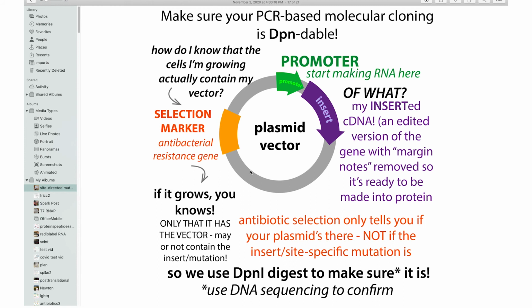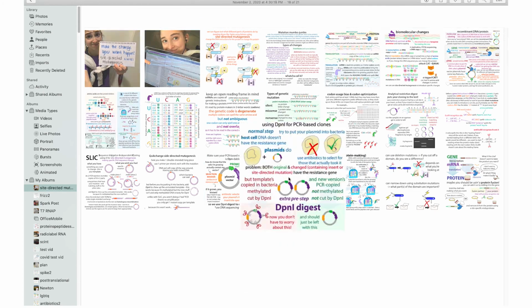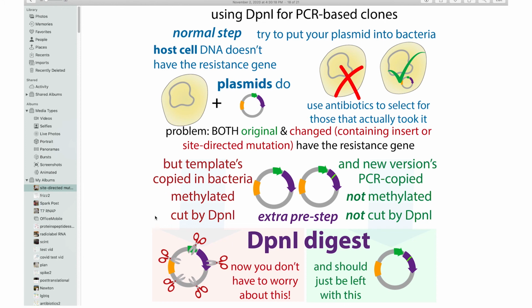When the DNA is copied in bacteria, it gets methylated, which adds these CH3 groups to it. The restriction enzyme DpnI recognizes methylated DNA and chews it away. So it gets rid of the parent, but it won't get rid of the changed version. So you want to do that before you put it in. That should help with that.